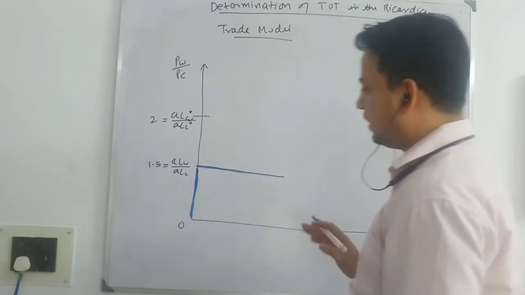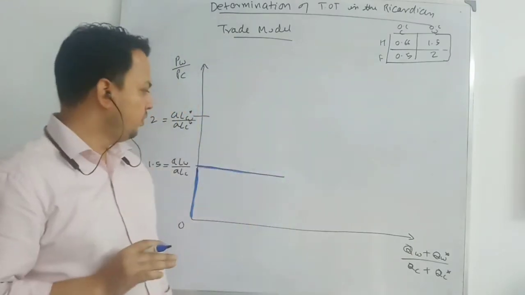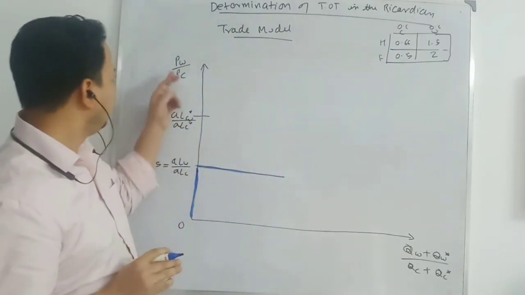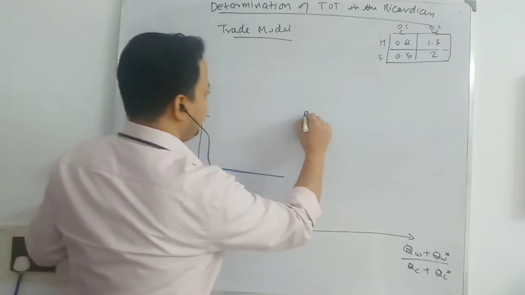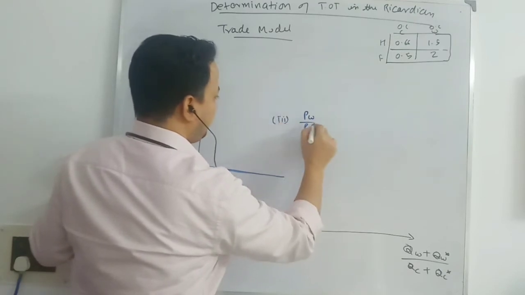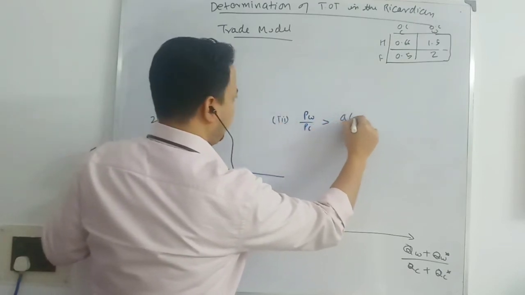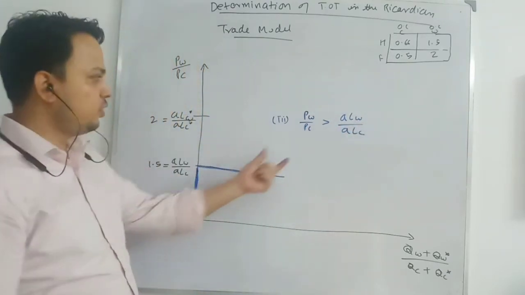Okay. Now consider the third possibility. Third case, when your relative price, or terms of trade, is greater than this one, say PW by PC, third possibility, PW by PC is greater than AlW by AlC. The pre-trade situation we have analyzed.